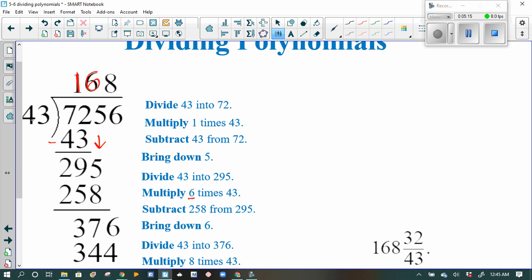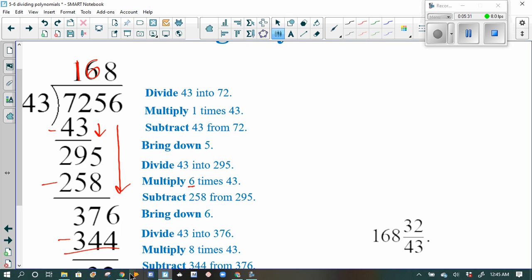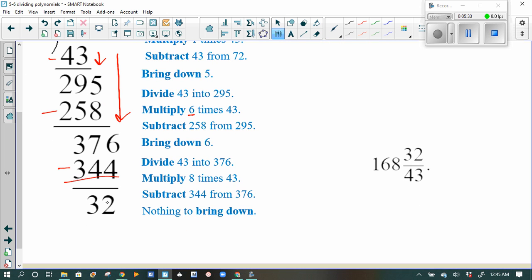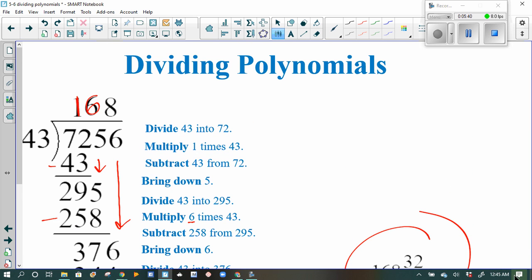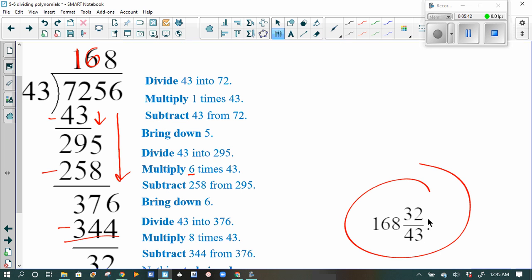And 6 times 43 is 258, so you subtract it. 295 minus 258 is 37, and you bring down the 6. 43 goes into 376 8 times, and then you multiply 43 times 8, you get 344, and you subtract it, and you're left with a remainder of 32. So you write it as 168, because that's the whole number up here. Your remainder is your numerator, and your divisor is your denominator. So that would be your answer.